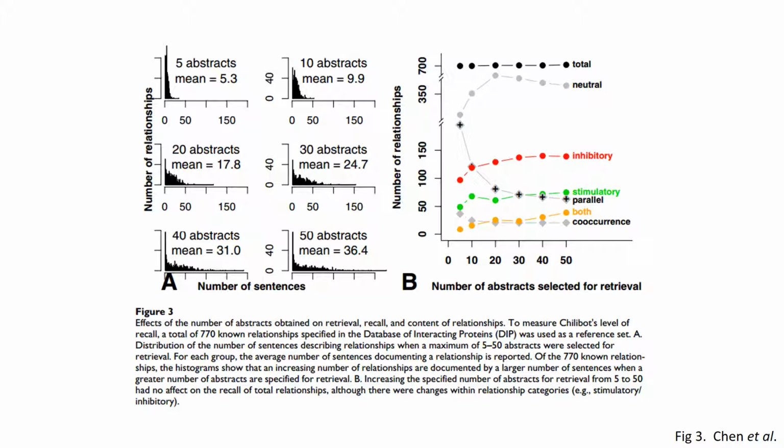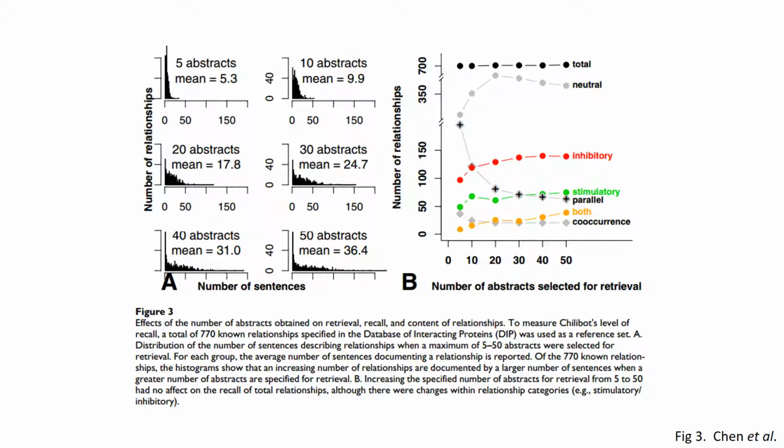Now you can see partial results on the right, figure 3b. You can see the number of abstracts increases and the number of relationships doesn't really increase from that, which means it seems that the number of abstracts doesn't impact the number of relationships. On the left-hand side, you can see the number of sentences increase, and then the number of relationships decrease.